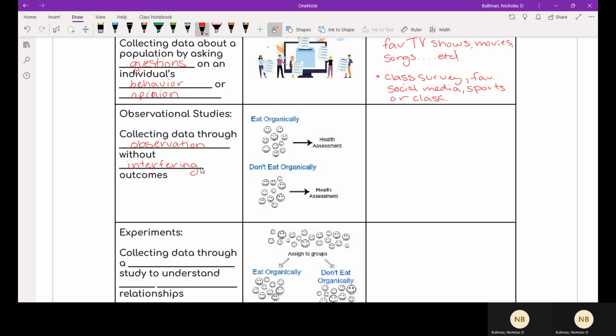An example could be assessing those who smoke and heart disease.